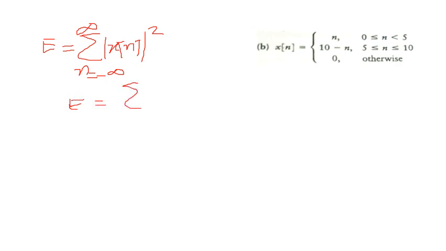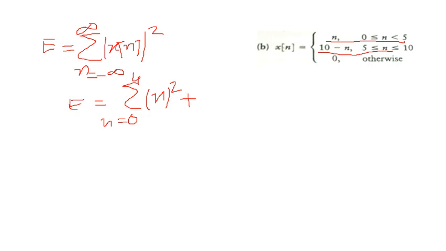summation, right? So it's again an example of the piecewise signal, so it is defined over this range. So we have 0 to 4, and from 0 to 4, because it's less than 5, it will be n square, so n running from 0 up to 4.